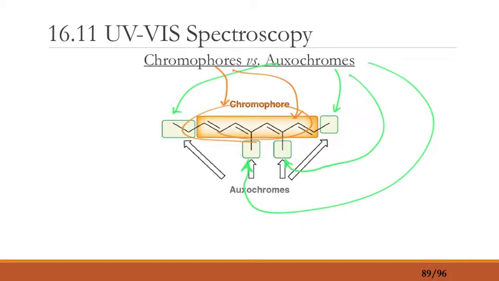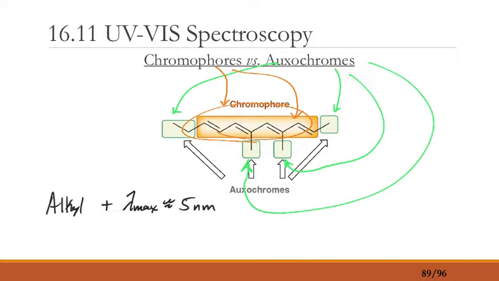For example, alkyl groups will increase the lambda max by approximately 5 nanometers for each one. So these additional methyl and ethyl groups will increase the lambda max a little bit. And there's many other ways we could look at these with different types of structures, but it's not that big of a deal.